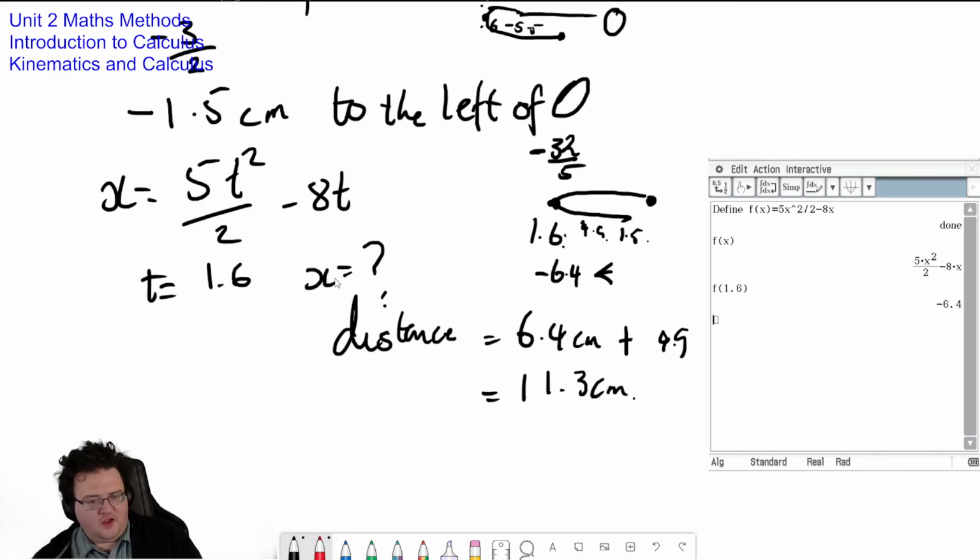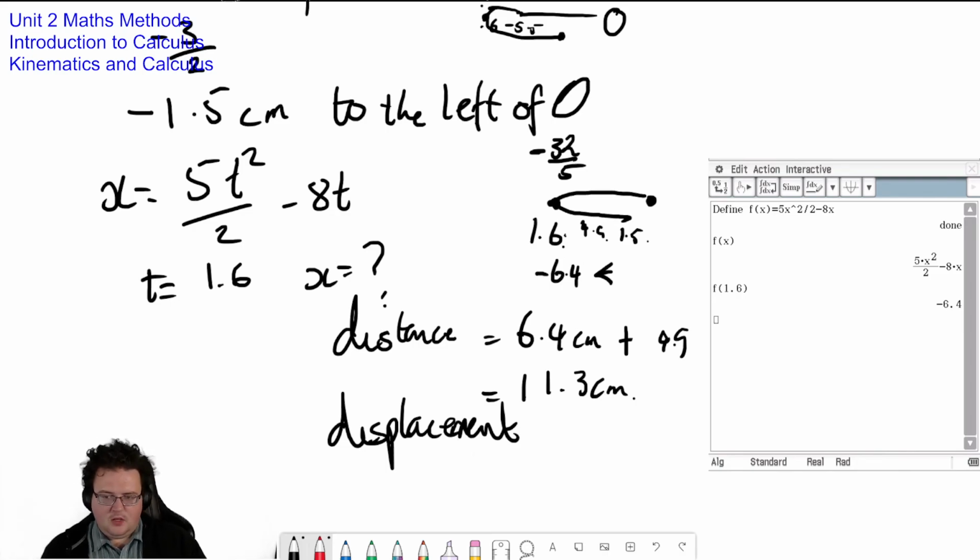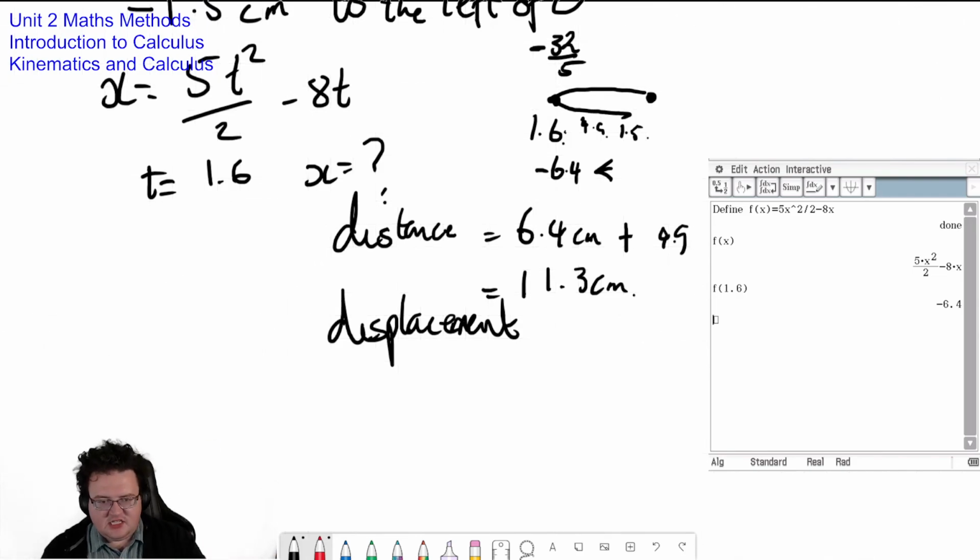But there's another word that goes in here. Displacement. Because the distance doesn't take into account the directions it went. It only cares about the total cumulative distance that it traveled when going out and coming back and going out and coming back.